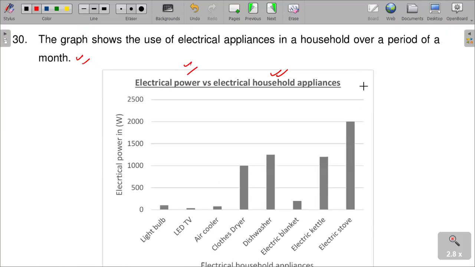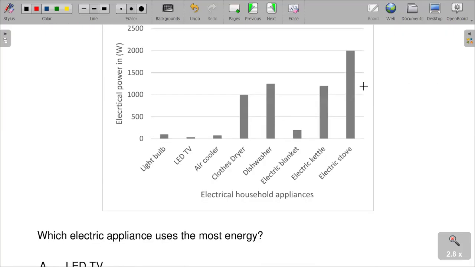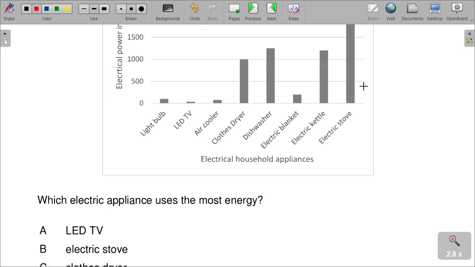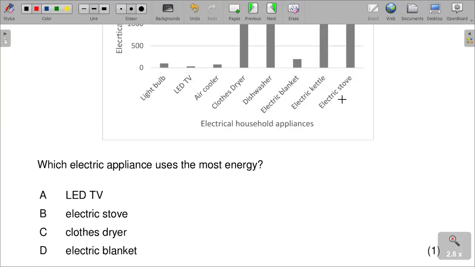I don't think anyone can make a mistake there. The longest bar shows the most electrical power consumption.